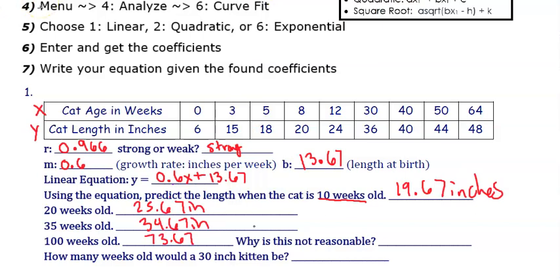Alright, so if we look at this, 100 weeks old, the cat will be 73.67 inches. Now that would not be reasonable. Why it's not reasonable is because when a cat reaches a certain age, they'll stop growing. A typical cat.